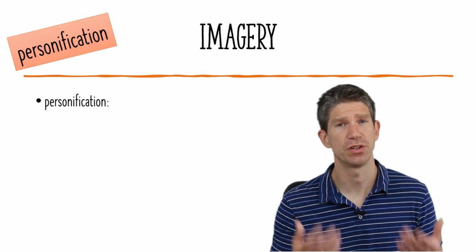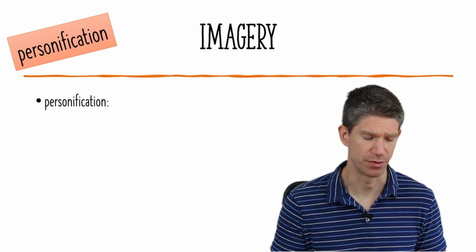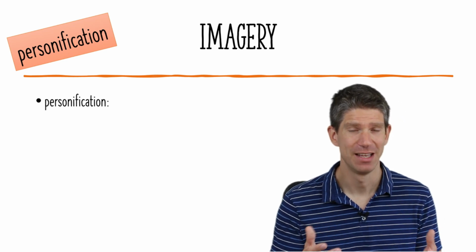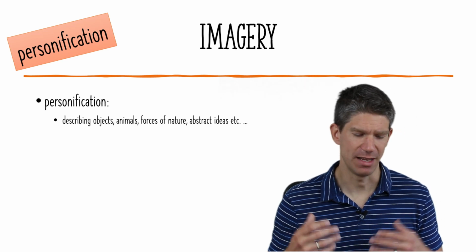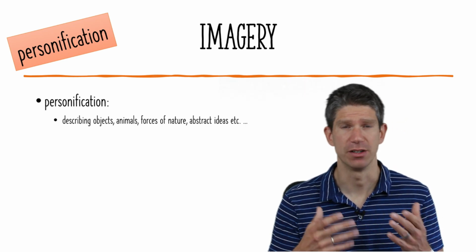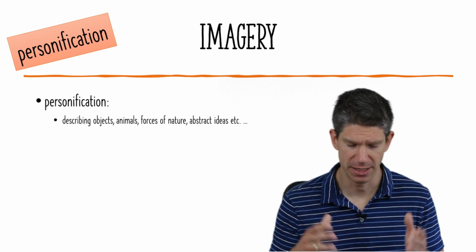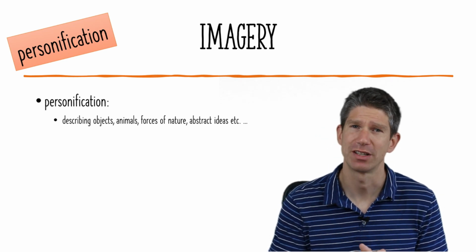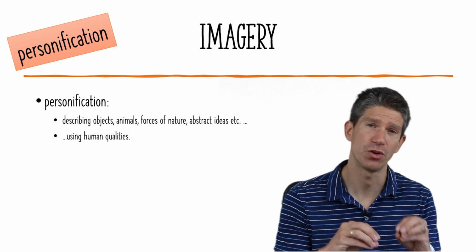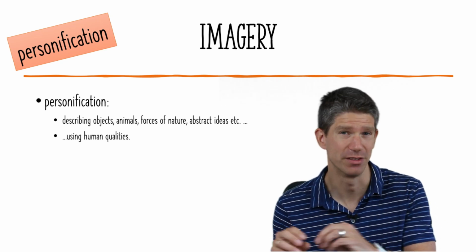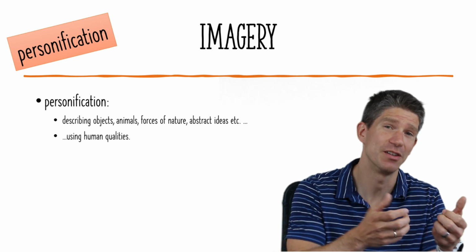Let's move on to personification. How is a personification different? As is in the name, it has something to do with person, so it's easy to remember, and it means that you're describing an object, an animal, forces of nature, abstract ideas, etc. with human qualities. So you are turning them into a person. So you're using a personification.